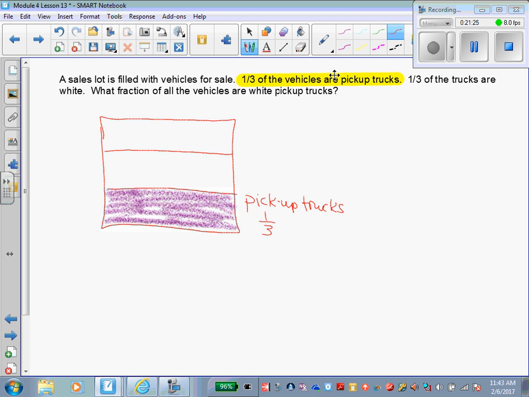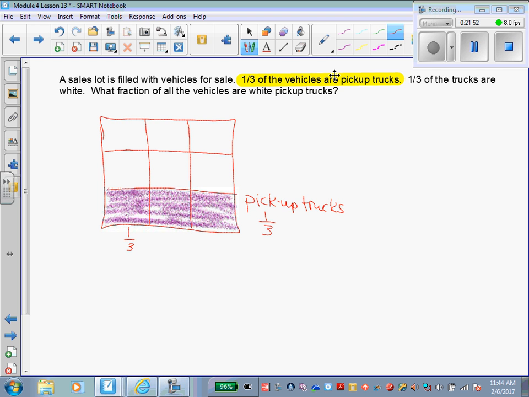Brian? I need to draw 2 vertical lines because that's the opposite of my horizontal lines, and now my pickup trucks are divided into how many sections? 3 sections. I've got 1/3 here, another third here, and another third here.